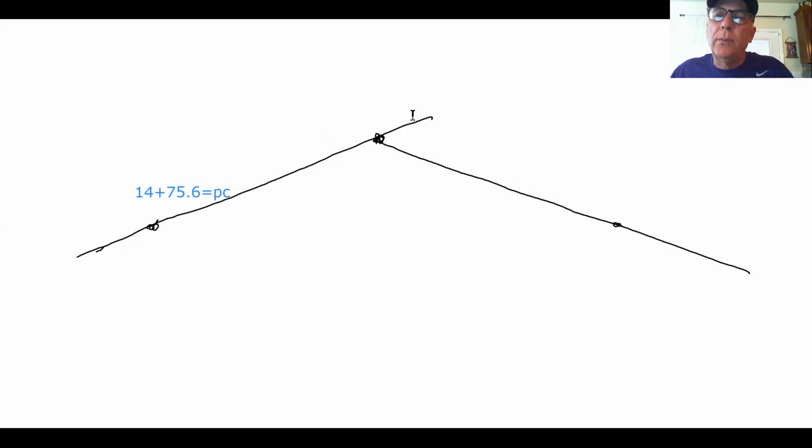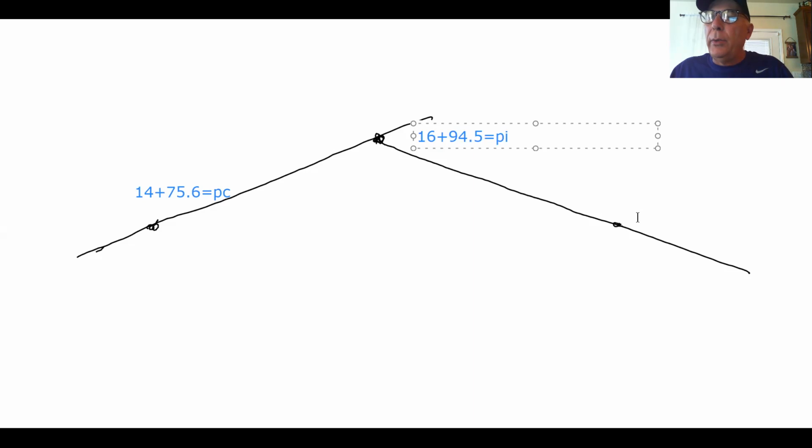Over here, we have the PI station, which was given to us in the original set of data, which is 16 plus 94.5. And that is equal to the PI station.